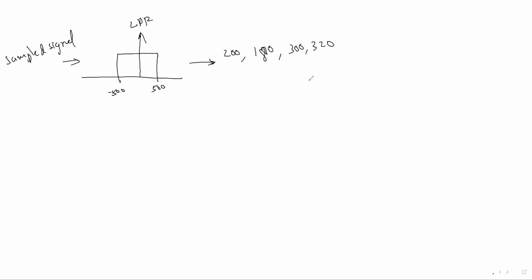In the homework, what I have given is that the x1 signal is bandlimited, meaning the maximum frequency is 2 kilohertz, and the x2 signal has a frequency of 3 kilohertz.